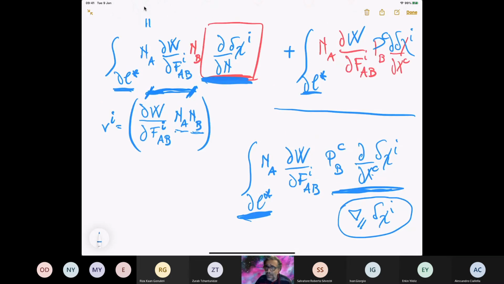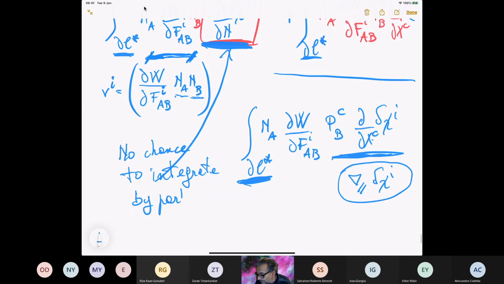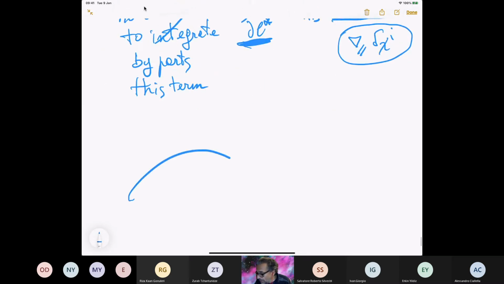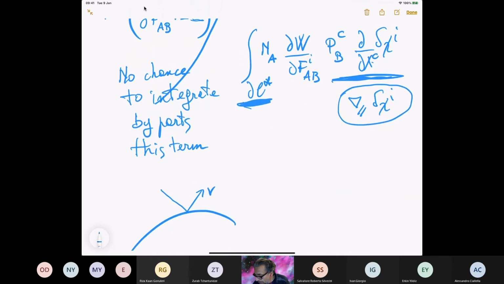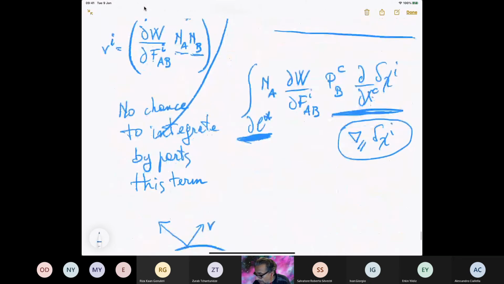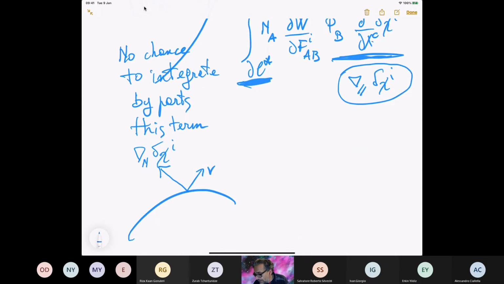Before ending this lecture, we must now understand something. No chance to integrate by parts this term. Why? Because you have Vi, so V dot the normal derivative of delta Ki, and you have this inner product on the boundary.